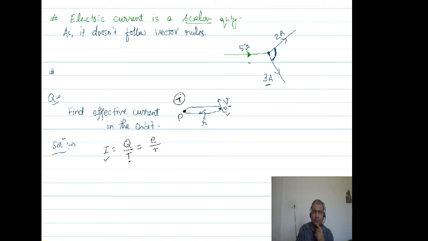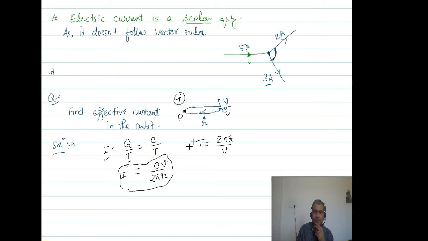So e divided by T will give us the answer, but T is not given directly, so we have to eliminate T. Everyone can do this simple calculation: T is 2 pi r, the total circumference, divided by speed v. After putting the value of T, we get 2 pi r by v, and v goes in the numerator. So this will be the final result, I equals e v by 2 pi r. This is the effective current in the orbit.